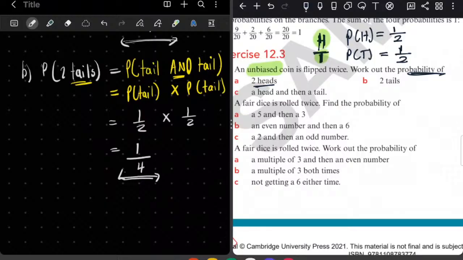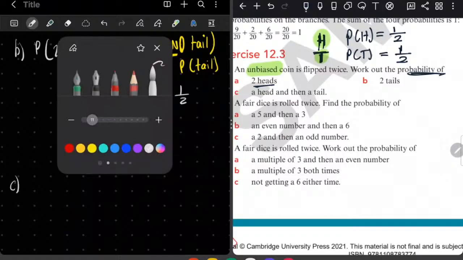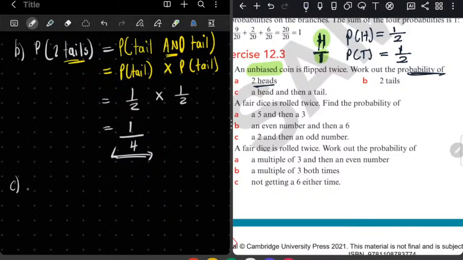So we now do C. Look at C. Probability of head and tail.